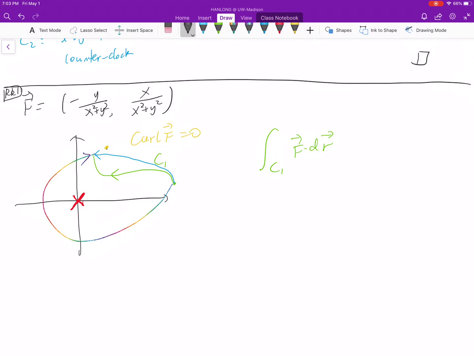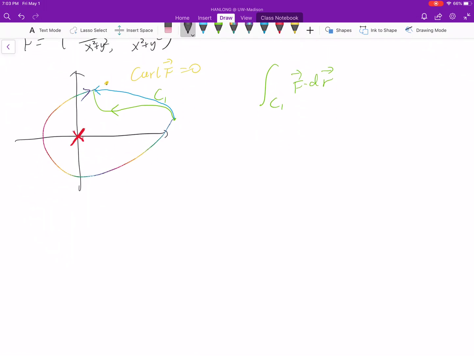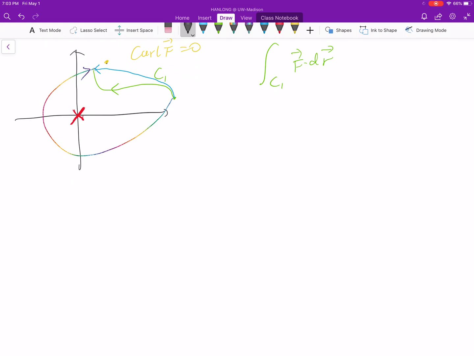So someone might ask how to calculate this one. Suppose you have this piece. If someone forces you to calculate this using this line, let's call this C2, this C1, then what should you do?